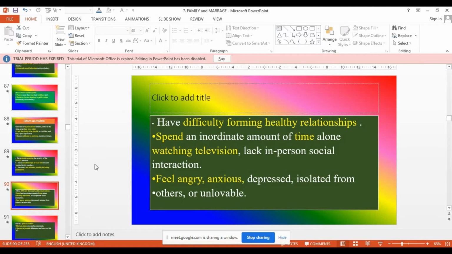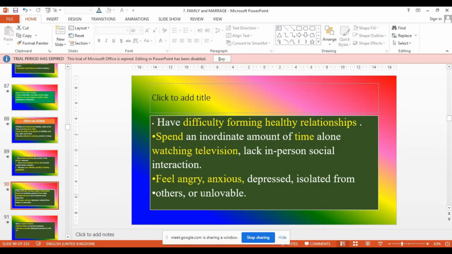Then spending inordinate time alone. That is the reason: there is no time to interact with their children. The children are alone, living separately, lacking care, for example, watching television, etc.